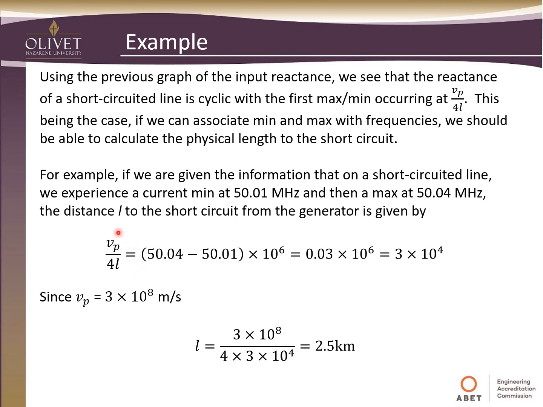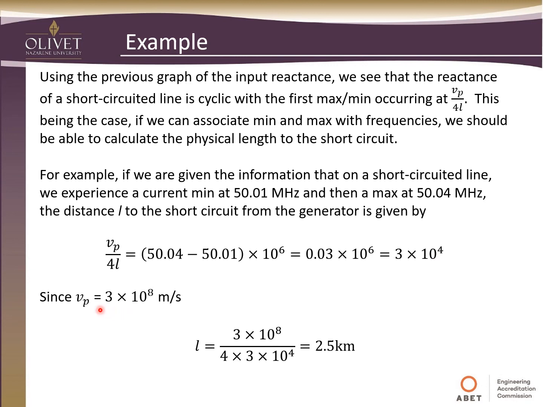The way we do that is we just set VP over 4L equal to the difference in these two frequencies, the max and the min. When we work out the math, it comes out to 3 times 10 to the 4 hertz.